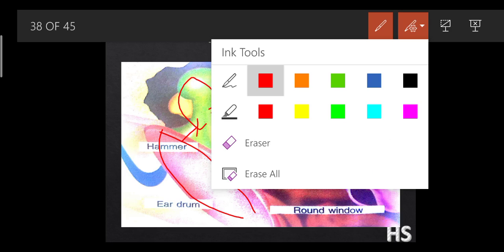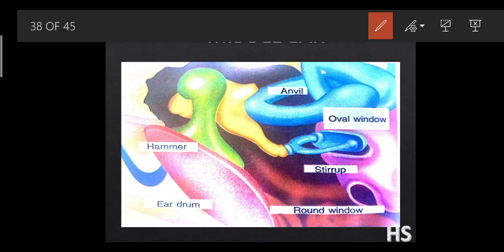In this stirrup, if you notice that part very well, there are two openings. The flat part of the stirrup is called the oval window, because it is oval in shape.